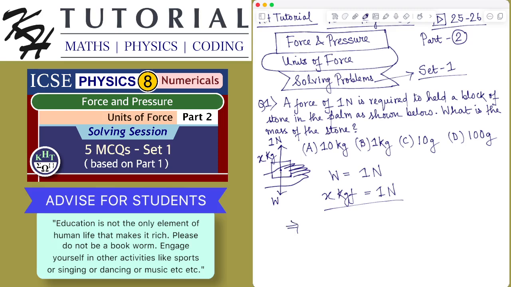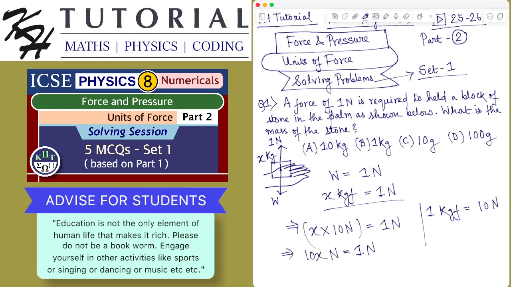I know that 1 kgf is equal to 10 Newton. This implies x kgf will be equal to x multiplied by 10 Newton. This should be equal to 1 Newton. This implies x into 10 Newton, which is nothing but 10x Newton, is equal to 1 Newton.